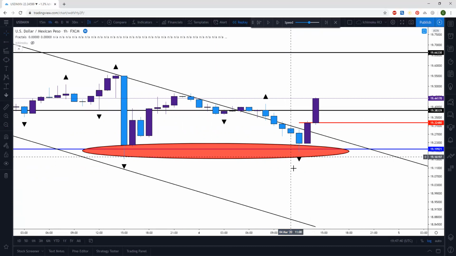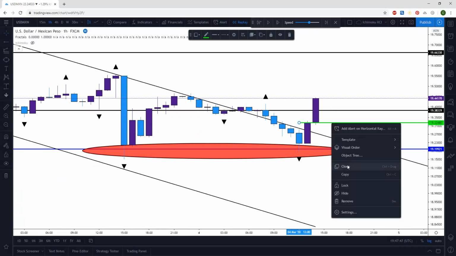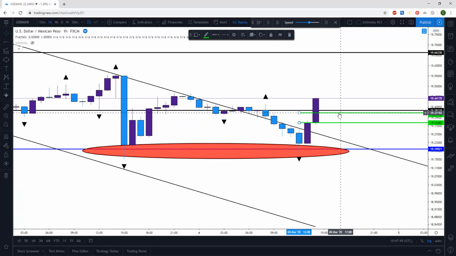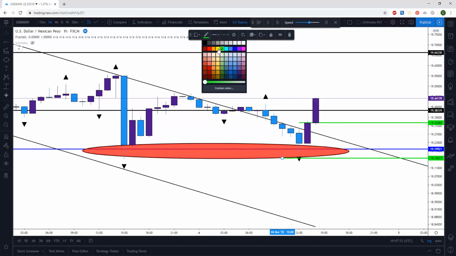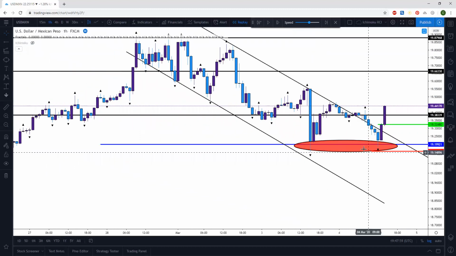Put your stop loss, probably right underneath this fractal here. And you're already in the trade. You're already up in profit. You got that double bottom right here.